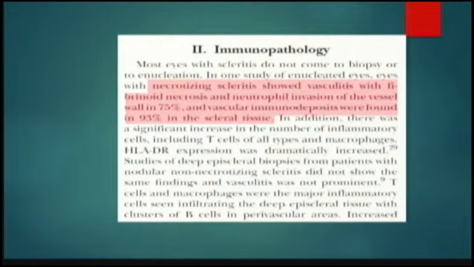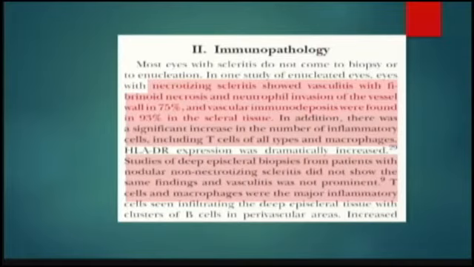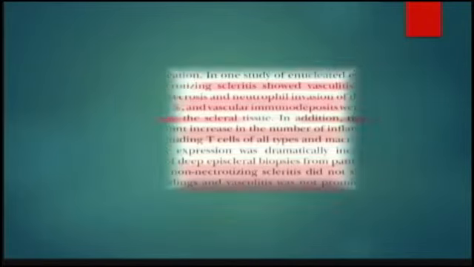In the immunopathology of scleritis, it is rare to inoculate the eye with scleritis, but in the inoculated eye, they found that necrotizing scleritis showed areas of vasculitis and fibrinoid necrosis, and a tremendous invasion of T cells, mainly with HLA-DR expression. This will guide you in the subsequent treatment and management of those patients. So you will target these immune actions, and then you can suppress the inflammation.